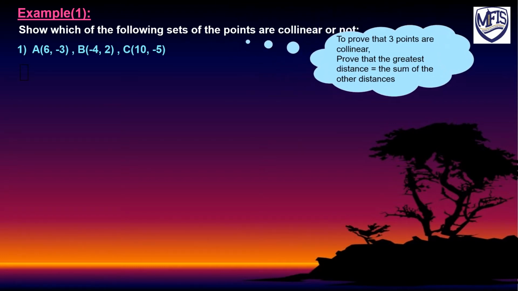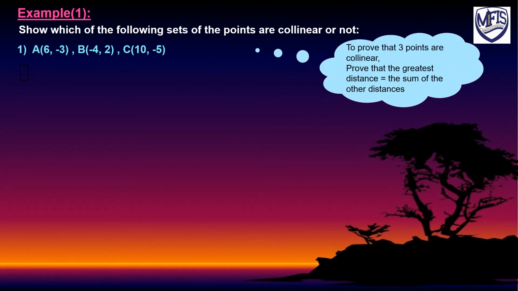To prove that 3 points are collinear, prove that the greatest distance equals the sum of the other distances. That means I need to find the distance between each 2 points. Now, I will write the rule of the distance.